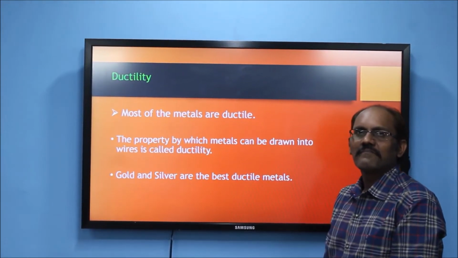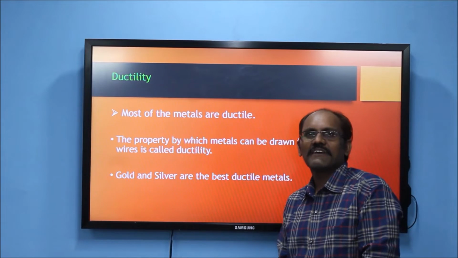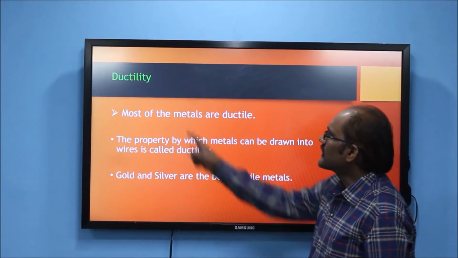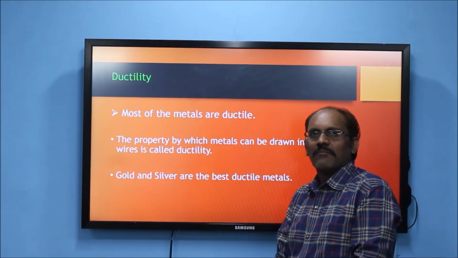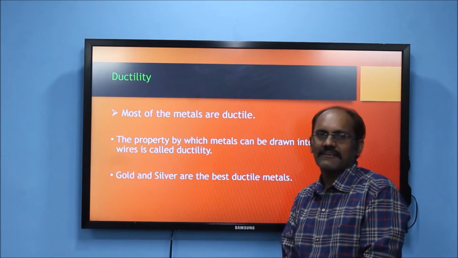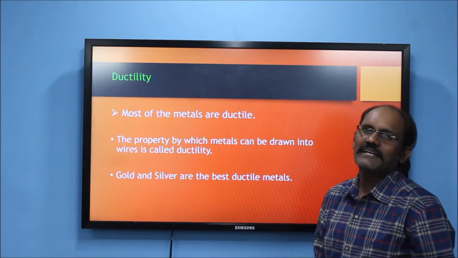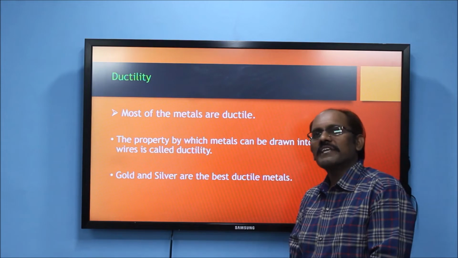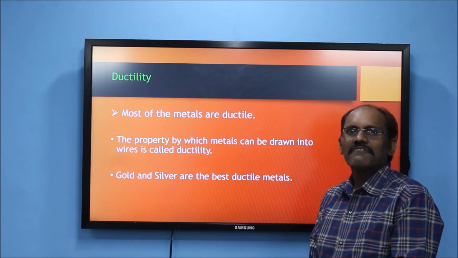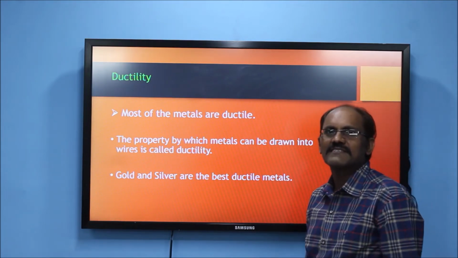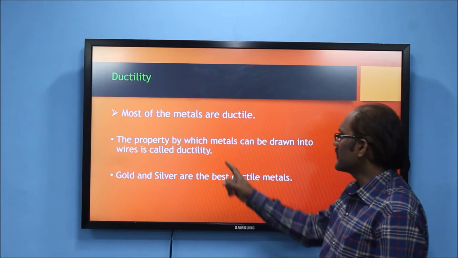Children, another physical property of metals is ductility. Most of the metals are ductile. Then what is meant by ductility? The property of metals by which they can be drawn into wires is called ductility.